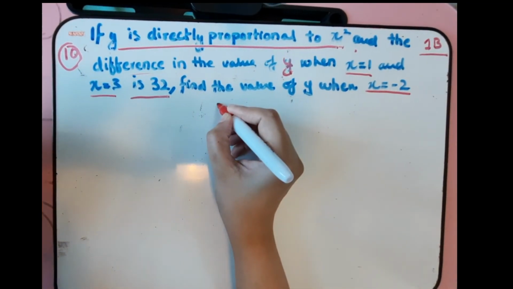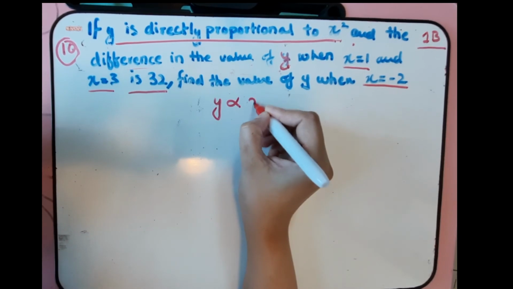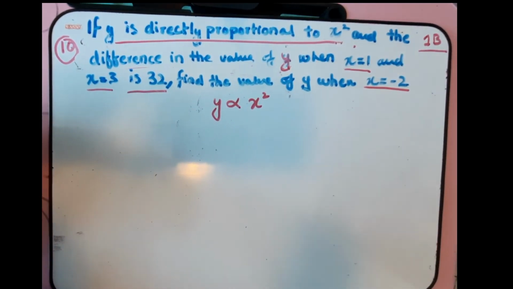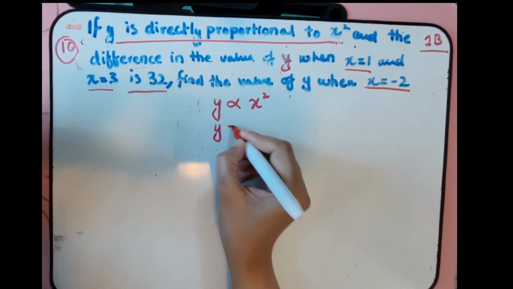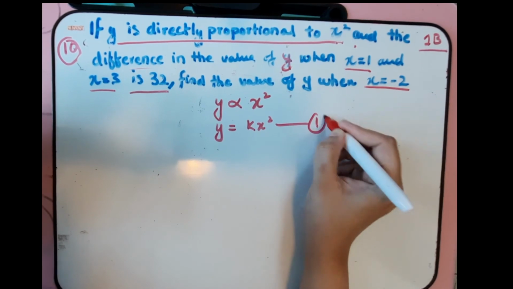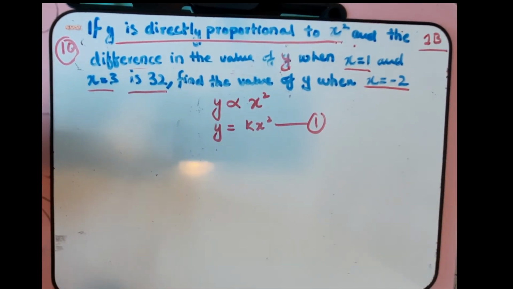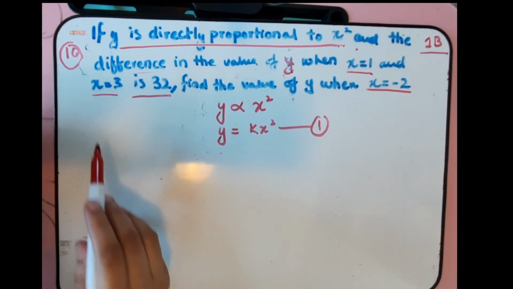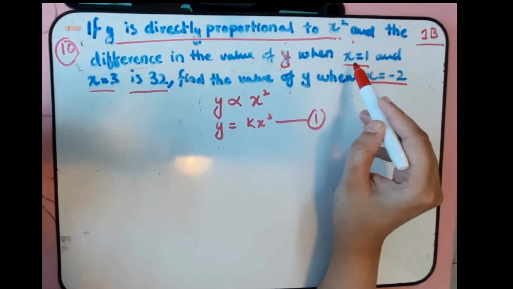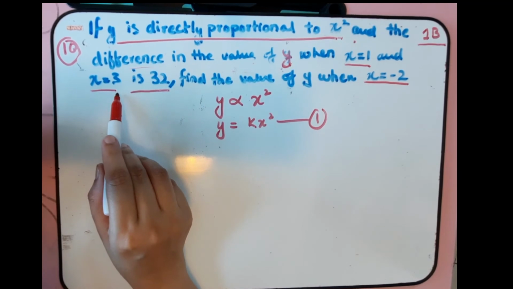First of all, we know y is directly proportional to x square, so y is equals to kx square. Let's call it number 1. The difference in the value of y when x is 1 and x is 3 is 32.